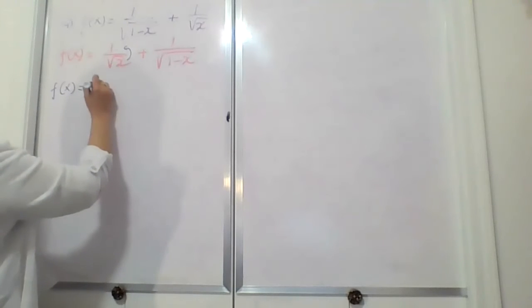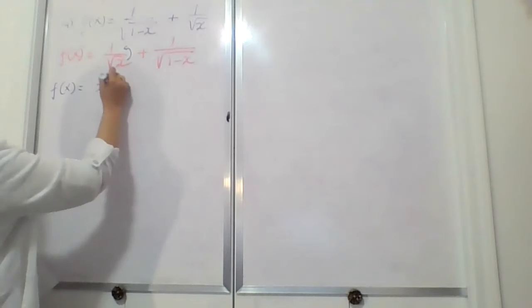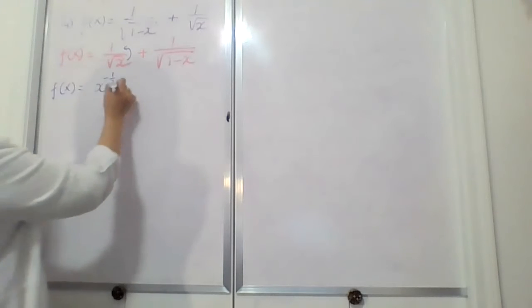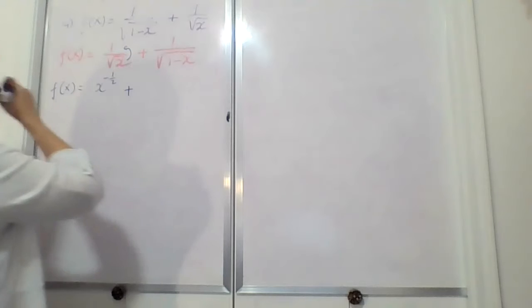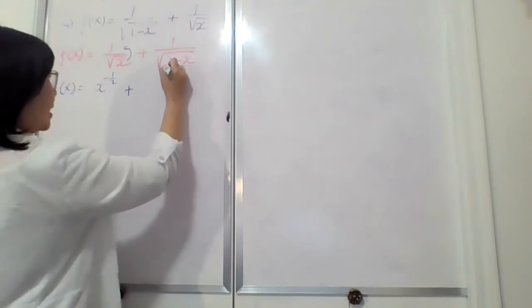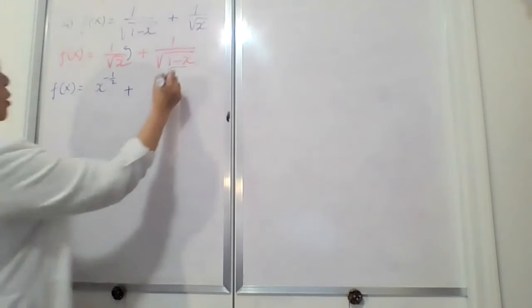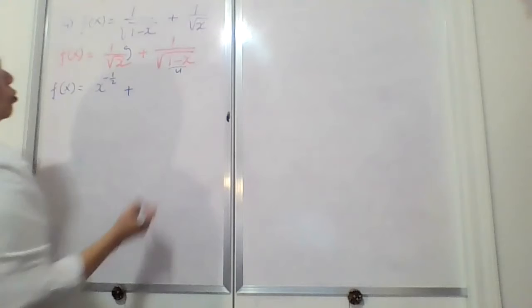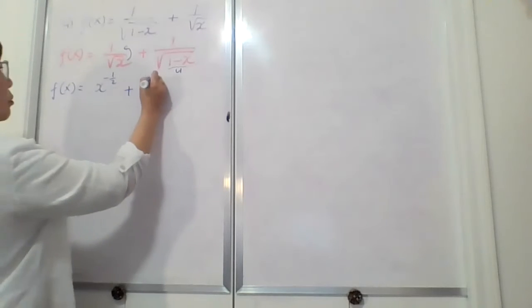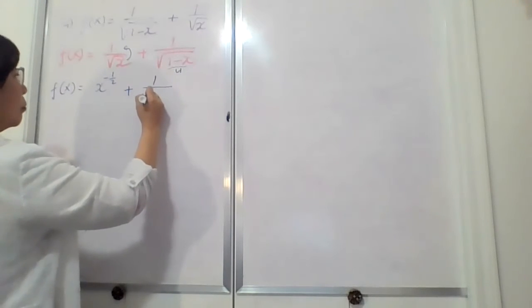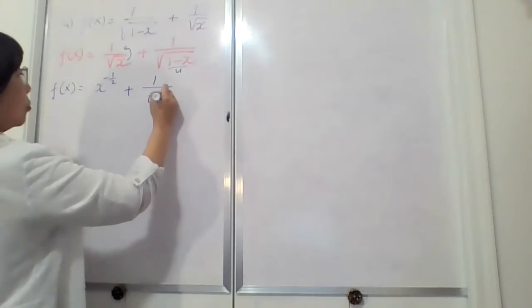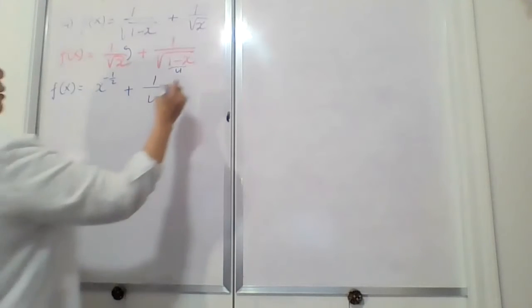So remember, I can bring this up to become minus 1/2 rational power. Now adding with this is a little bit weird because this is the whole expression. So I'm going to substitute this by u, okay? So I'm going to rewrite this as u to the 1/2, right?